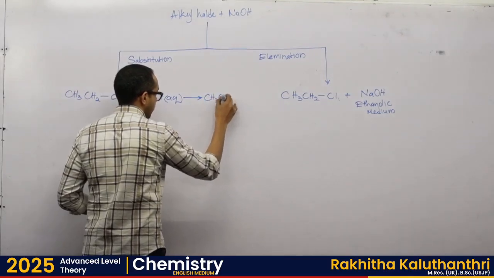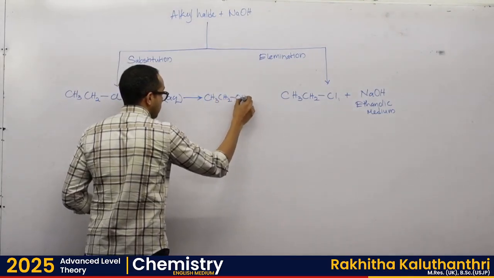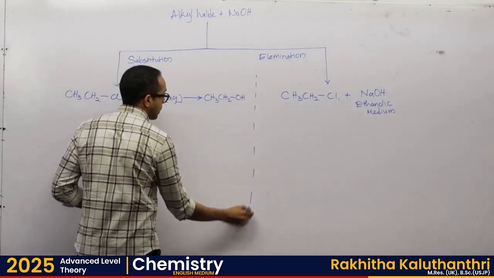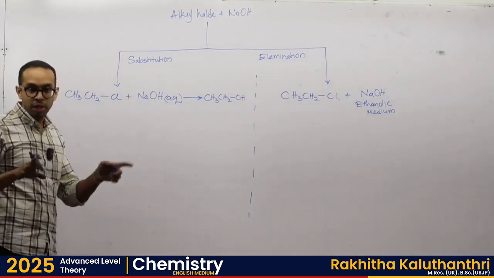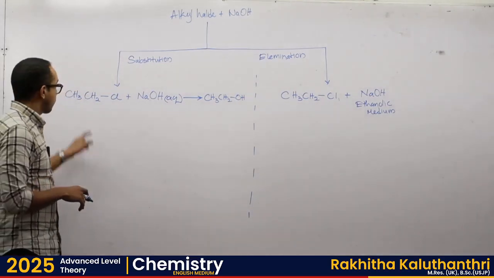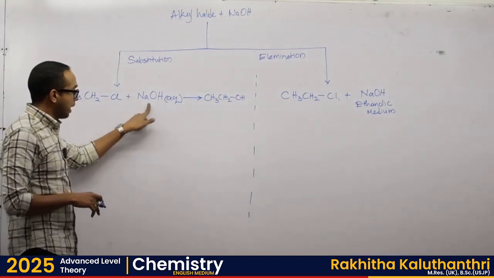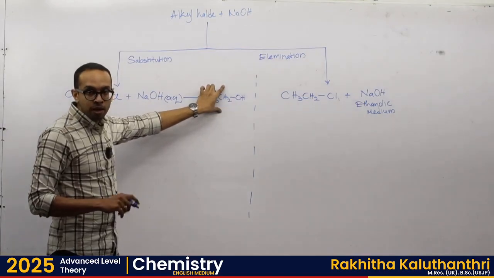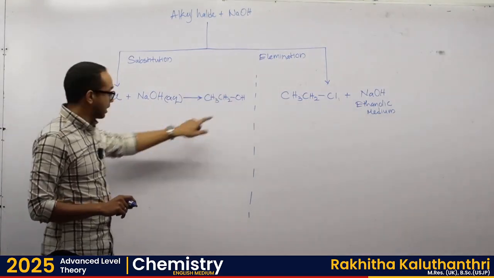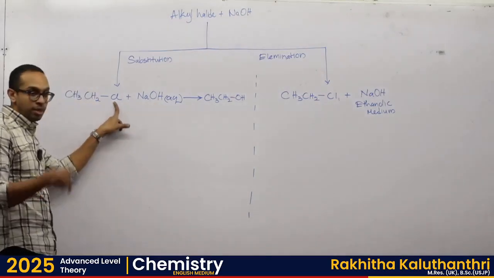CH3 CH2 OH. So I will draw a separation line here, otherwise it will be confusing. I think in your books you will have enough space. So when this reacts with aqueous medium sodium hydroxide, we produce alcohol. So basically the OH minus here comes here and replaces the Cl.